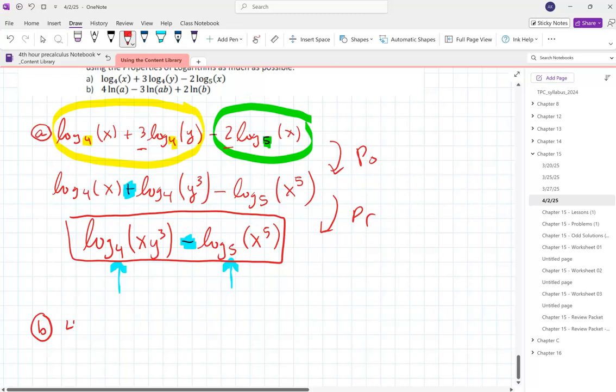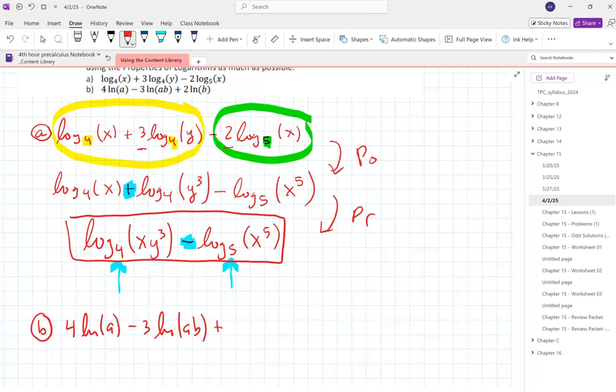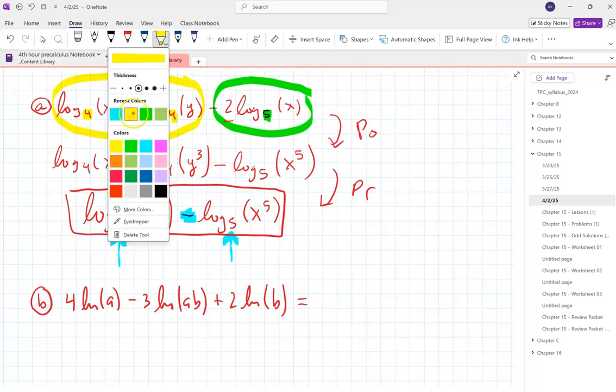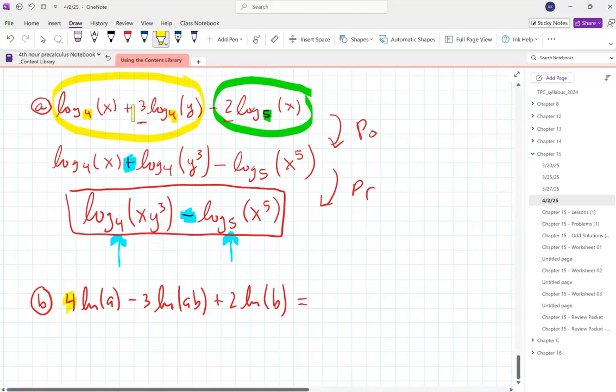Okay. One more example. And then I have just a couple of things to show you on your calculator. And then it'll be quiz time. Okay, first thing we're doing is looking for power properties. I see a bundle of them.